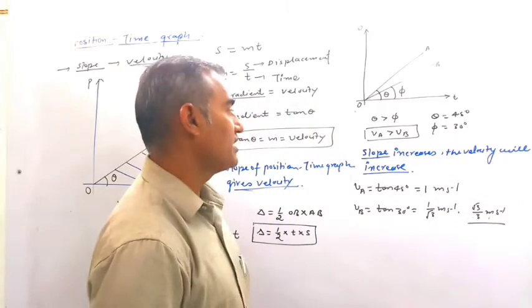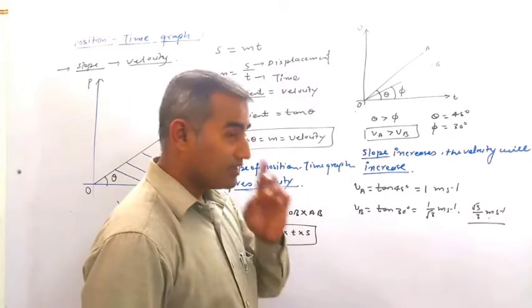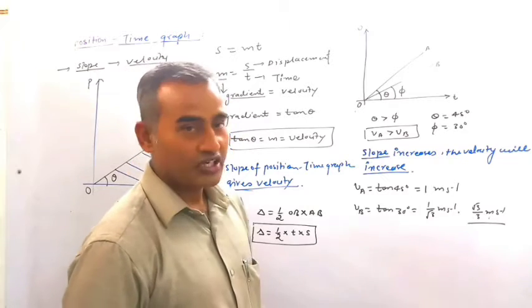So a greater slope gives a greater velocity. These are the important features of the position-time graph.